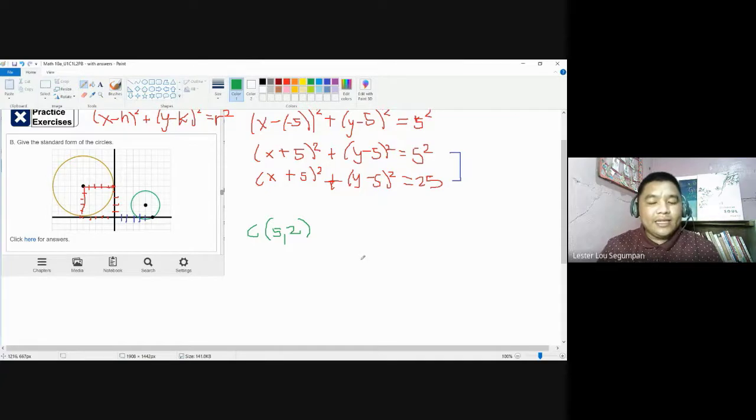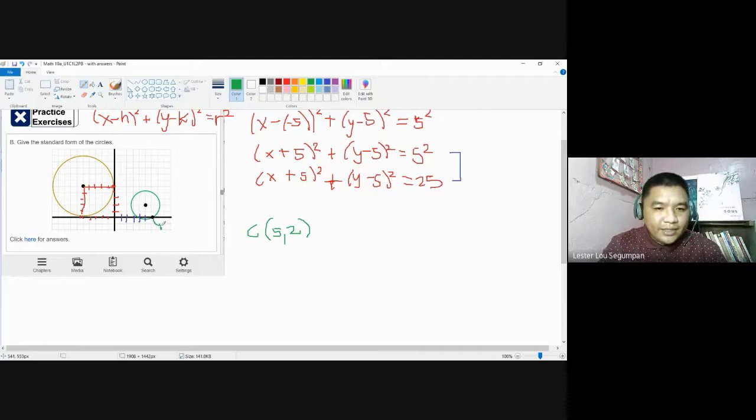However, unlike the first circle, which is tangent to both axes, this circle is not tangent to both. So we cannot use the concept of tangency, moving horizontally and vertically from the center, to get the radius. But what we could do here is use this other given point.